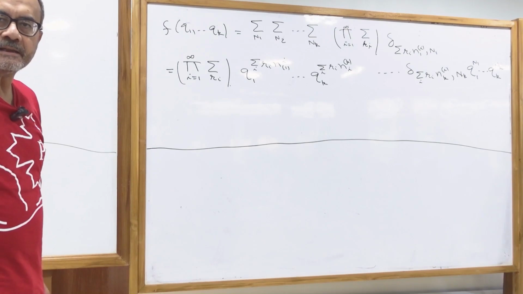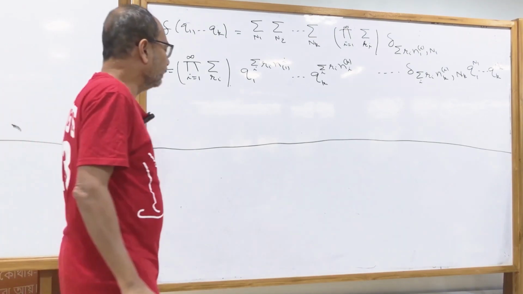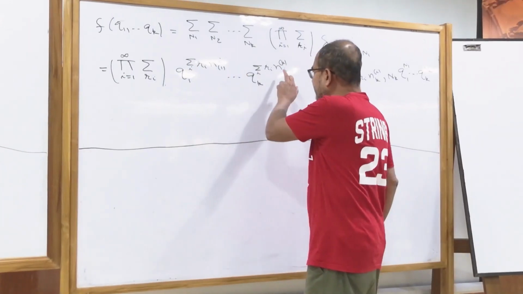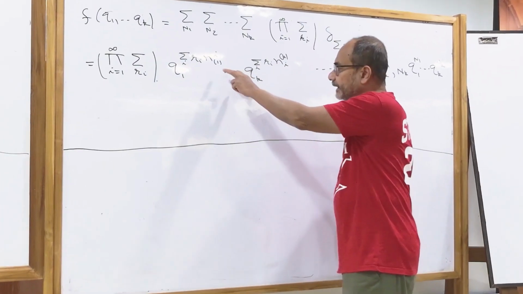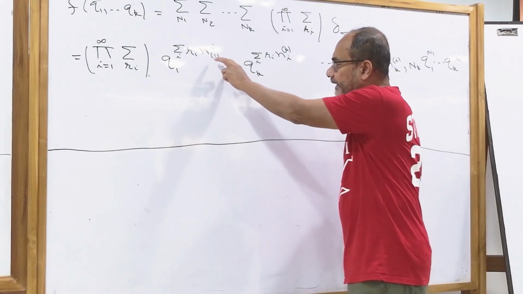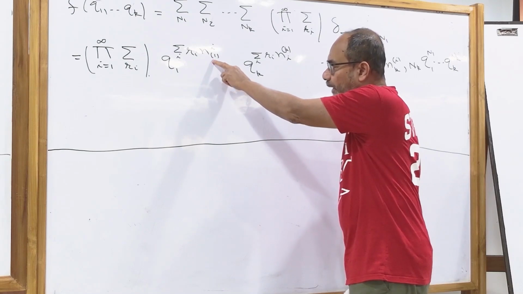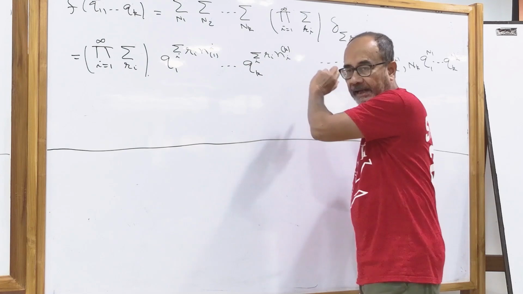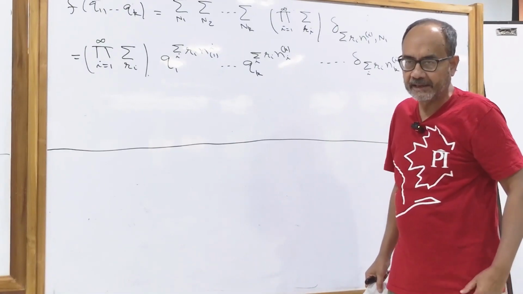Is this clear? So let me remind you, physically what we are doing is that these are the charges carried by individual oscillators. Oscillator number I carries the charge N1I for the first charge, N2I for the second charge, and NkI for the kth charge.